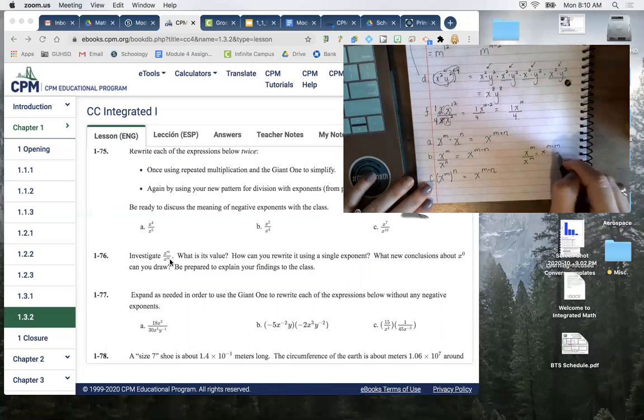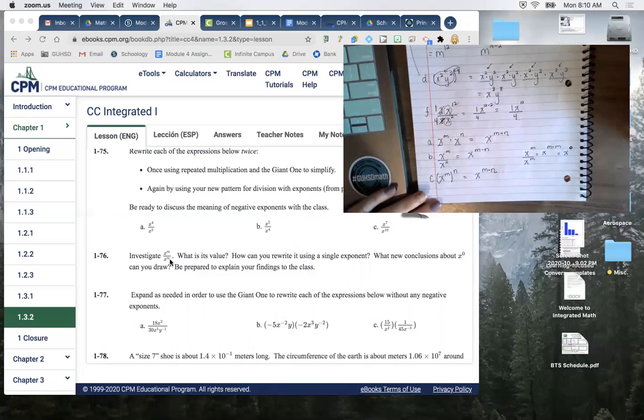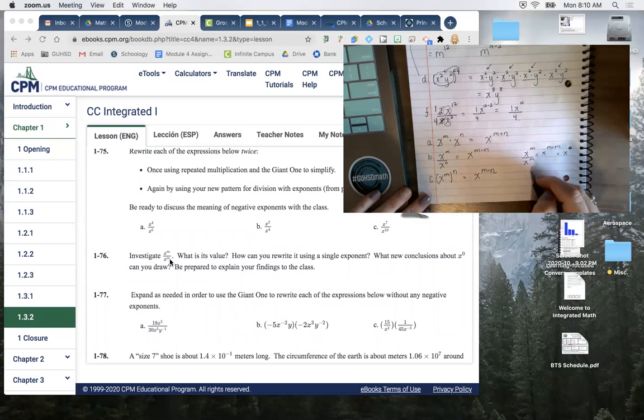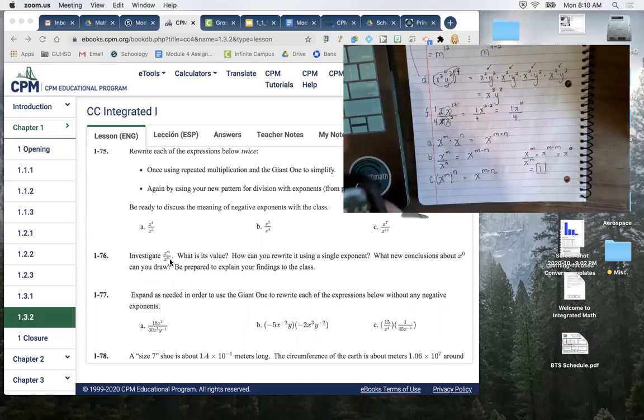We're going to get x to the 0 power there. Anything when you raise it to the 0 power is just 1.